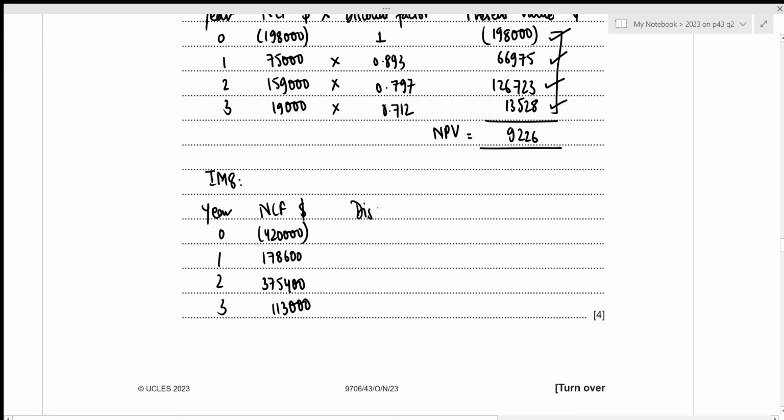Again, we need the discount factors. So that's 1, 0.893, 0.797, 0.712.